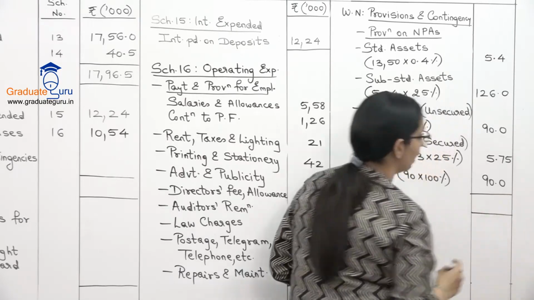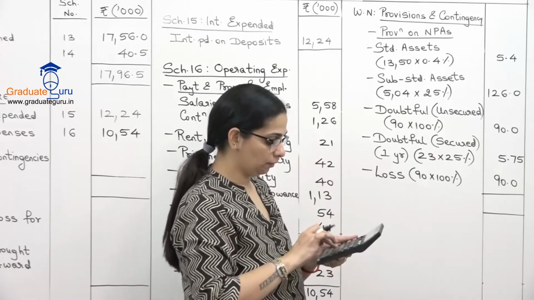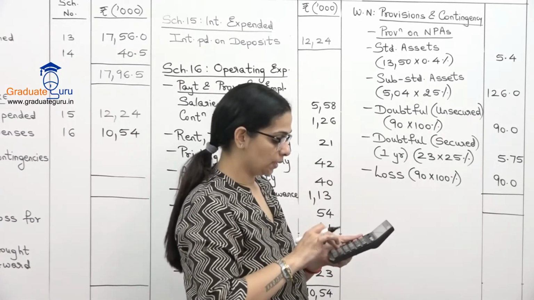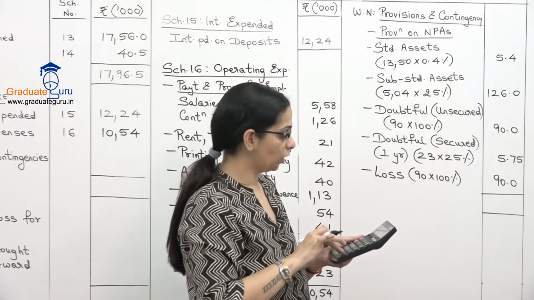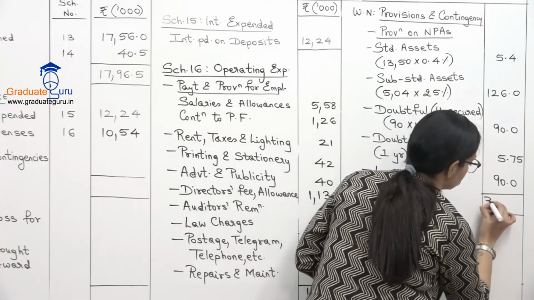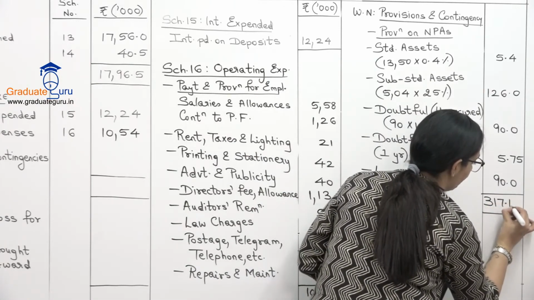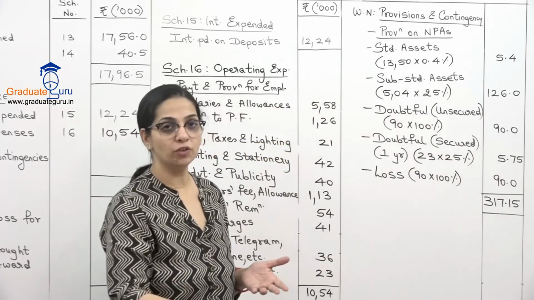So this will be our total of the provisions. So let's do the totaling. 5.4 plus 126 plus 90 plus 5.75 plus 90. We get 317.15. This is our total of provisions.